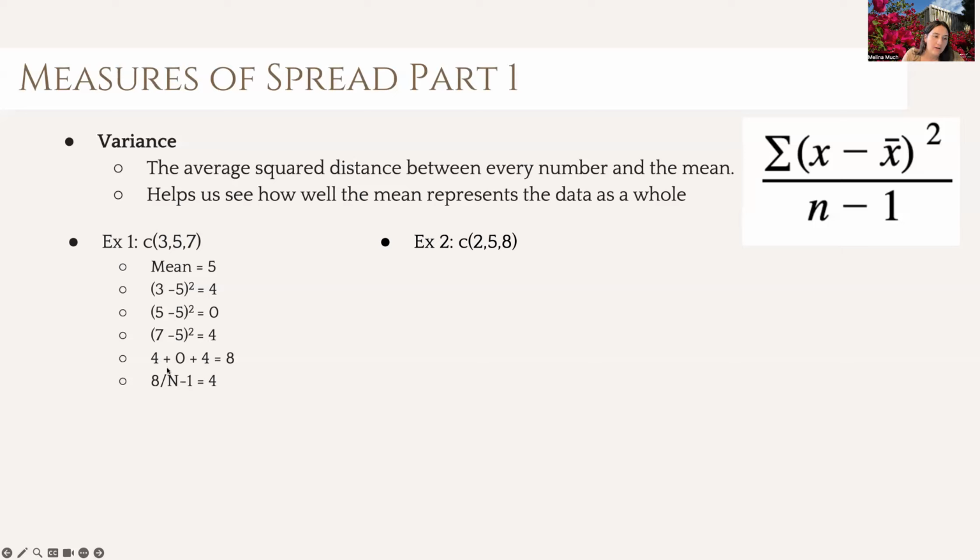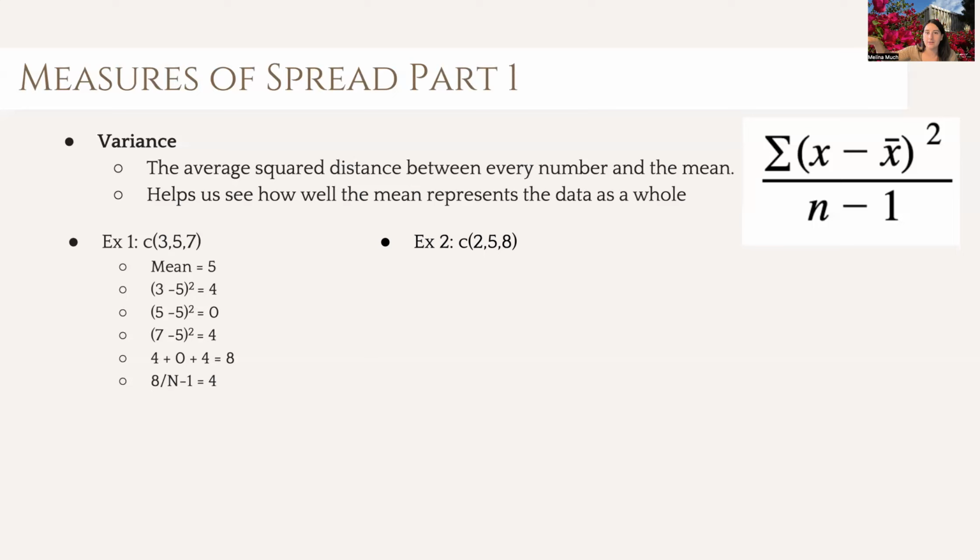So we have our total sum of squared differences, which is 8, divided by n minus 1. In this case, it's 3 minus 1, which is 2. 8 divided by 2 is 4, right? And so we're doing the average squared distance between each number and our average, with our average being 5. And then we divide by the total number minus 1.